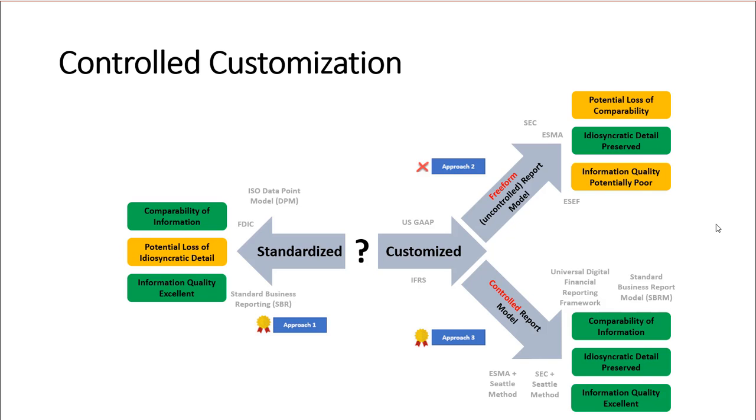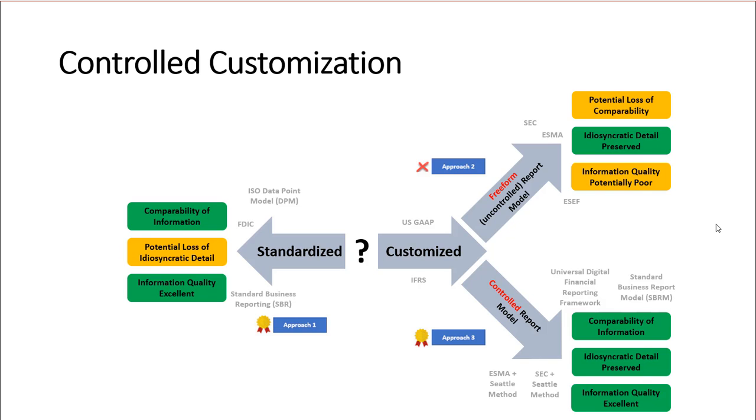One is the standardized approach, and XBRL has a way of doing that, the data point model, and people use that. It's fairly straightforward because it doesn't change.